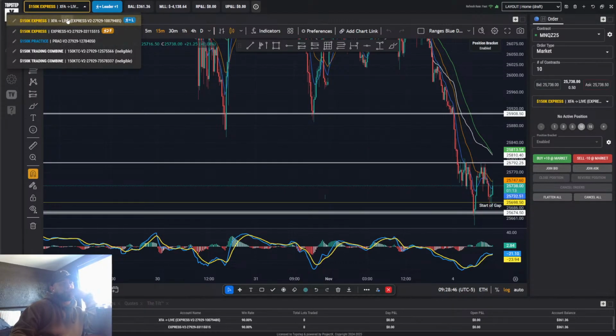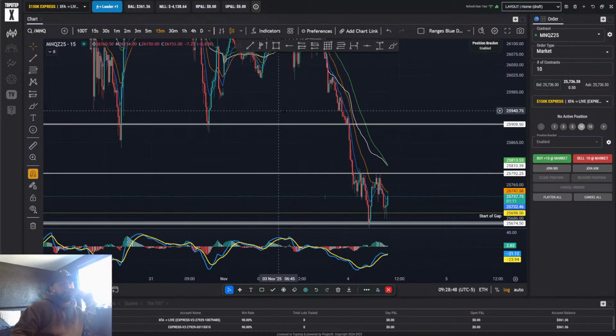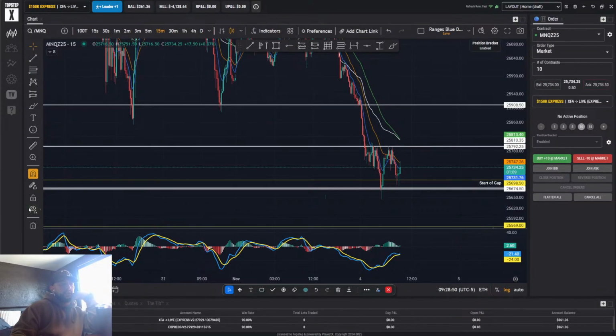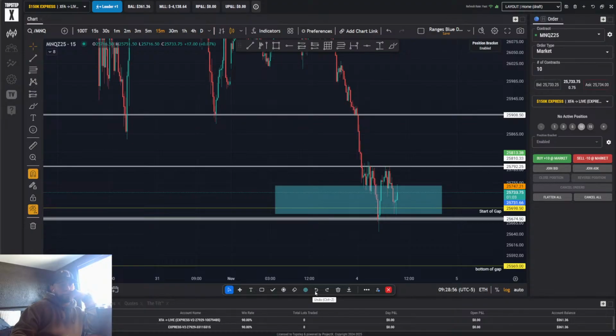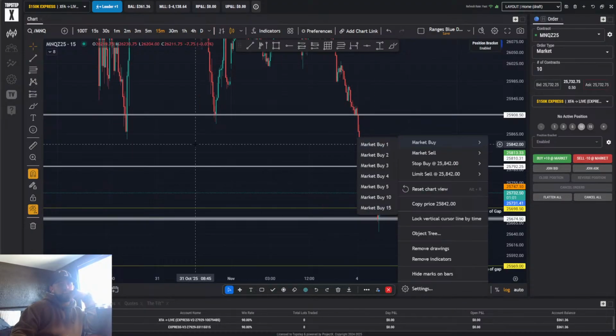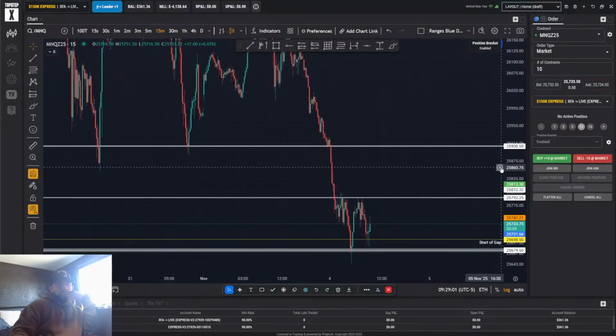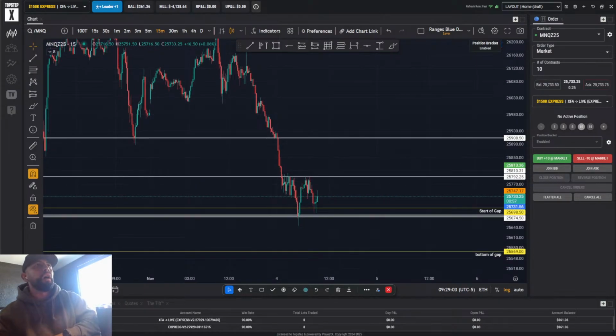Alright, we got copied. I think we could get VWAP here at 800s.